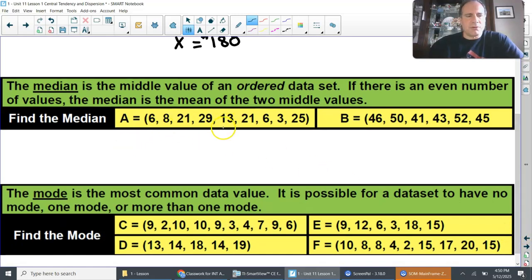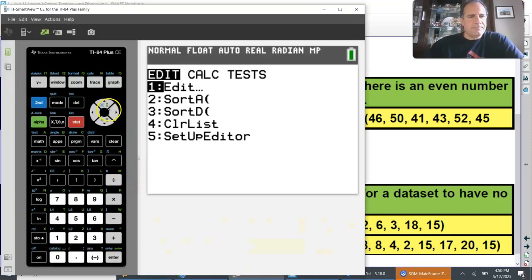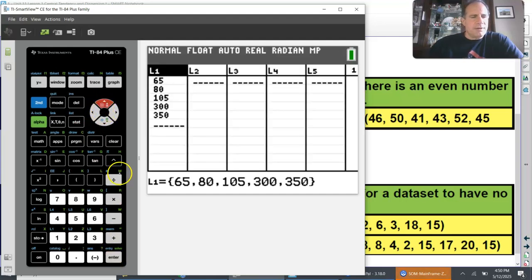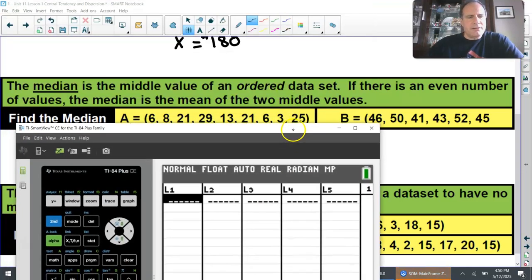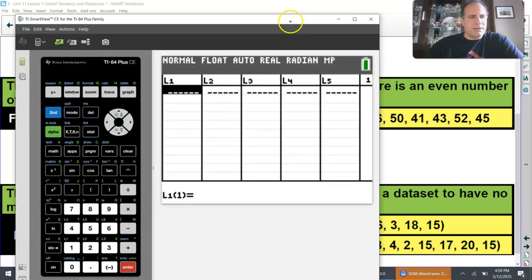So now we're going to talk about the median, and I'm not going to do this by hand. I am going to go to Stat, Edit. I'm going to go up to L1, press Clear, and then Enter. And notice that everything is gone there. So now I press 6, 8, 21, 29.